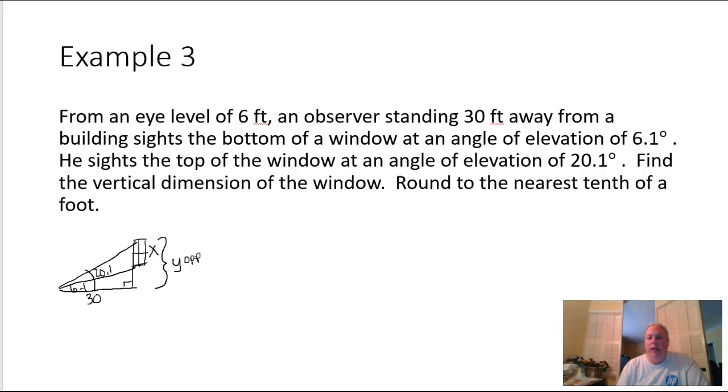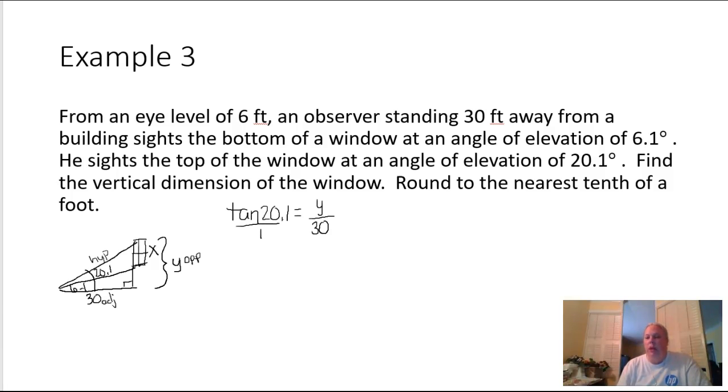The right angle's right here, so here's my hypotenuse, and then the 30 feet down here is the adjacent side. So the trig function that uses the adjacent side and the opposite side is going to be tangent. We're going to find the tangent with respect to the 20.1 degree angle, and that's going to be the opposite side y divided by the adjacent side 30.